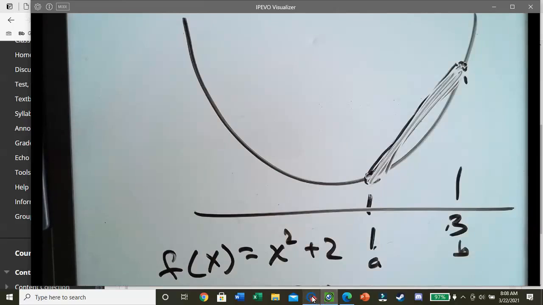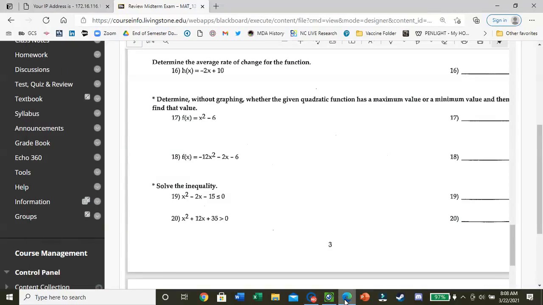So you're trying to get the slope. Well, here, you already have a linear equation. So the slope of a linear equation is the same as the slope of the line. So the average rate of change is the slope of a linear equation. So it's -2. It's -2, yeah.